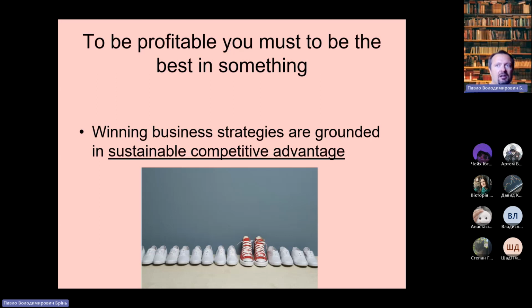Generally, this will be the last task of your course. Within your course, you will create the business strategy for a strategic business unit of a diversified company, or you will create the general strategy if you decide to take a single business company as an object of your research.